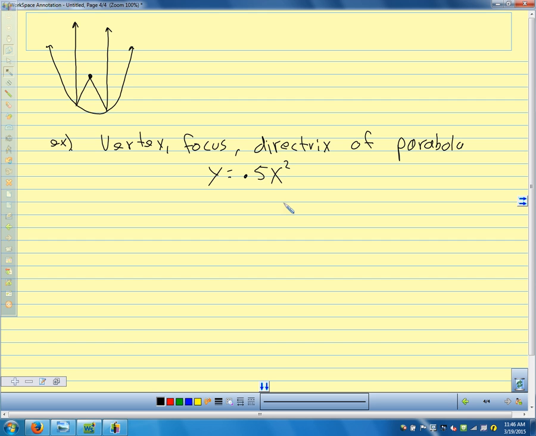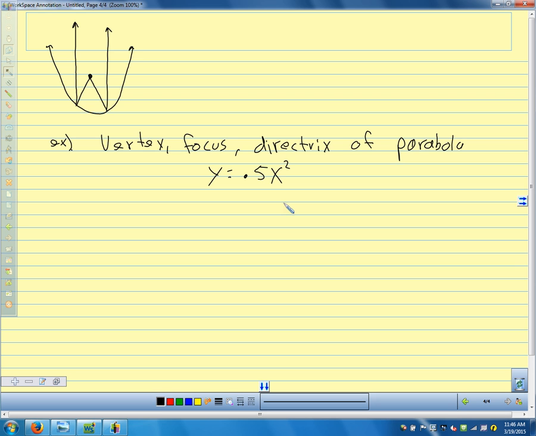So on all of these problems, the key is to either get the equation in standard form or get the information from the standard form of the equation. What we get from the standard form is the vertex, and we get that p-value. So is this equation in standard form? No. What do we need to do to get it into standard form?